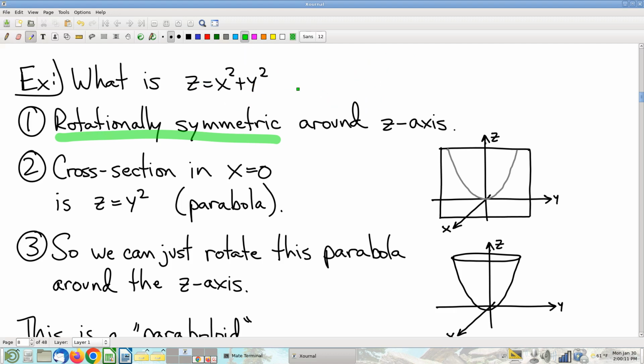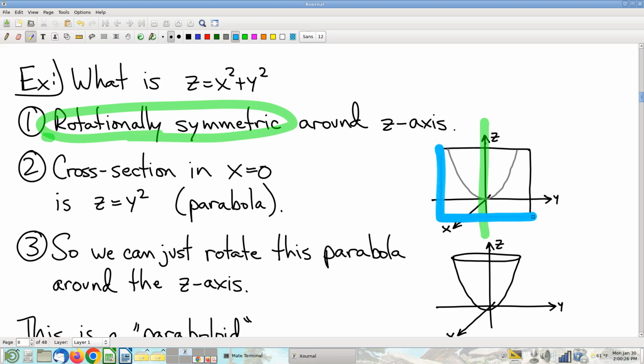Okay, rotationally symmetric surface, that means I can understand this surface just by looking at any cross-section at all. Rotationally symmetric around the z-axis, so I'm going to pick this plane right here, the YZ plane, and look only at that cross-section. Notice this YZ plane does contain the z-axis.